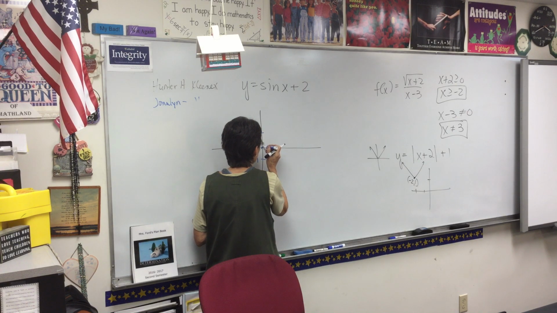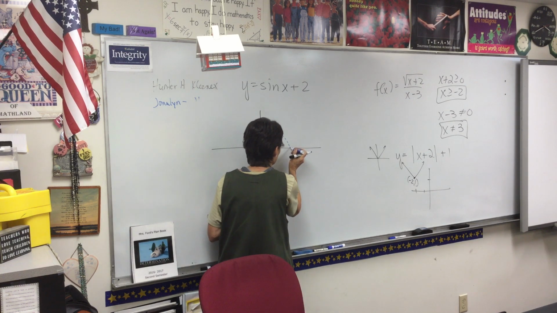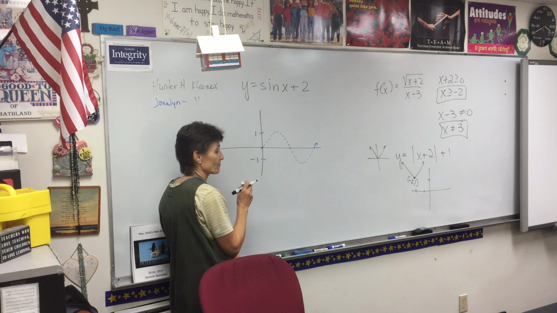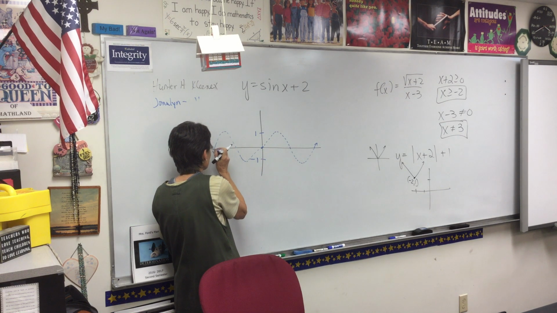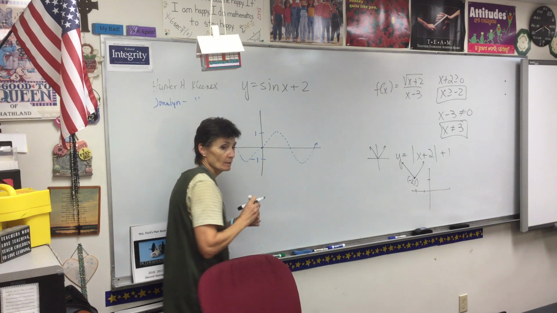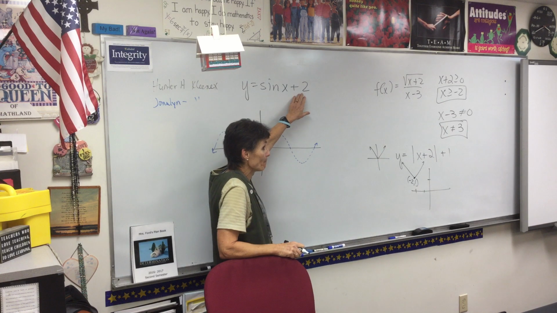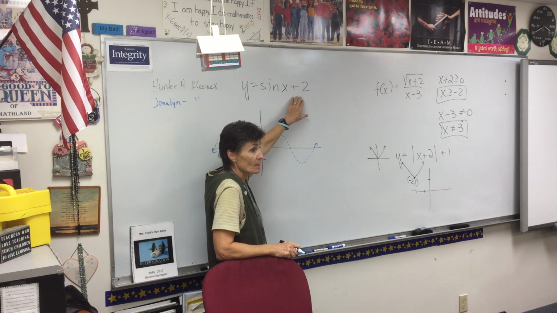So it has a hill that goes up 1 and a valley that goes down 1, and so on. This is the normal sine. Now, what am I going to do with this blue thing here?